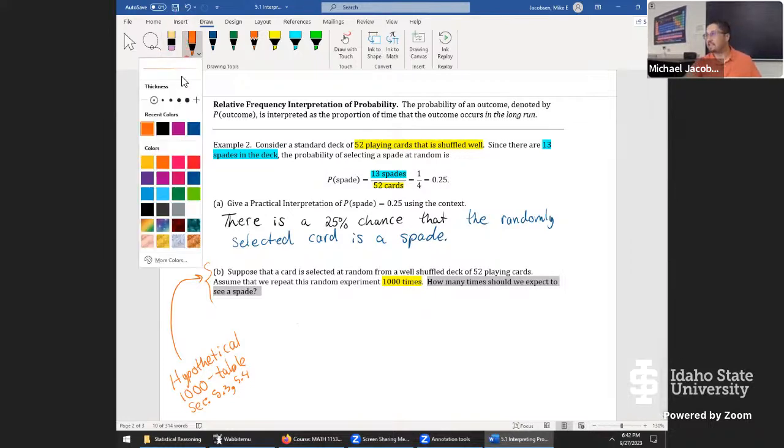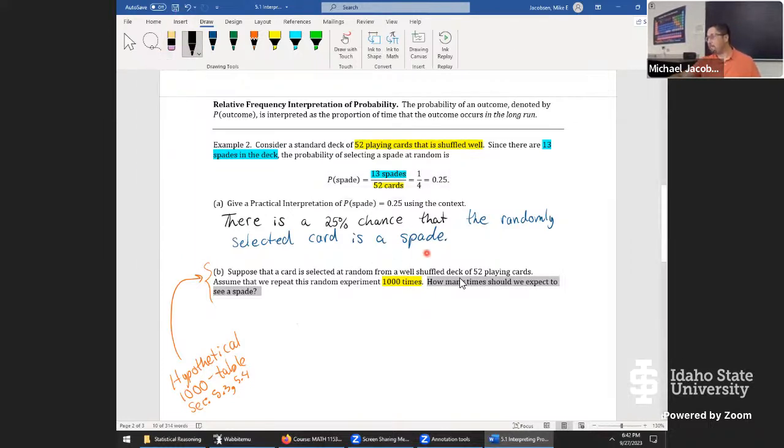So the process goes like this. For how many times should we expect a spade? If we repeat this all 1,000 times, we'll take 1,000 times the probability of a spade. This would be 1,000 times this value, 0.25. And already there's a definite warning about this.